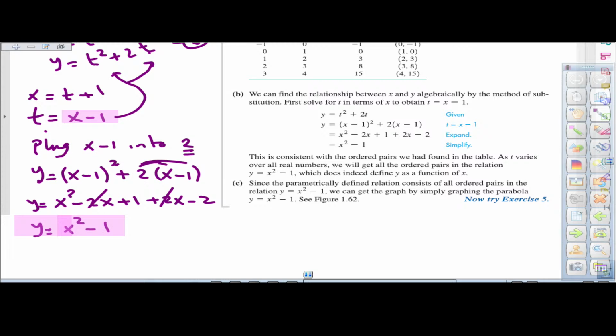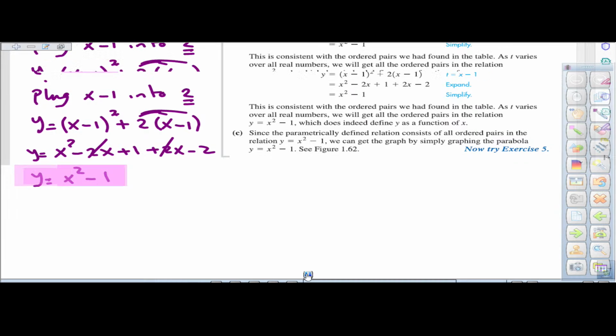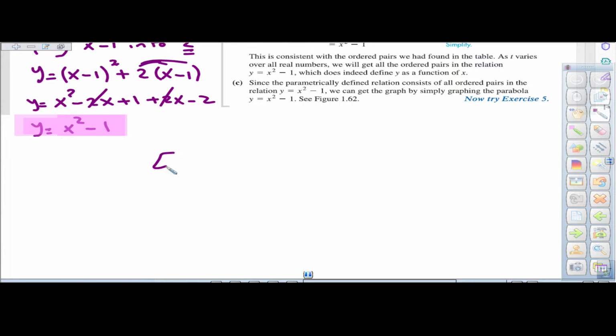And I'm actually going to do one that you're probably going to see sometime soon. Okay. So I'm asked to eliminate the parameter in this example.